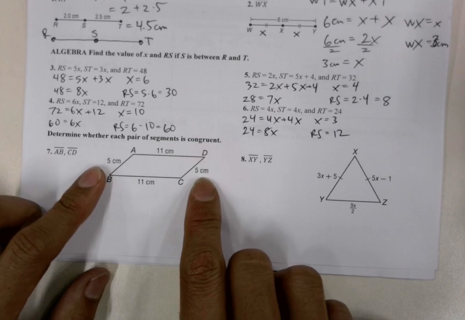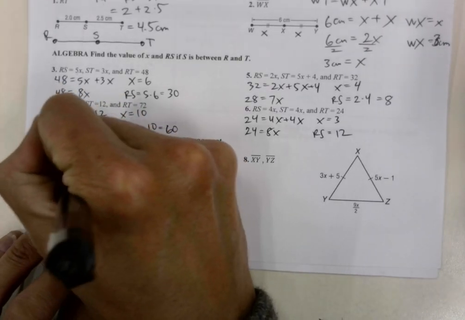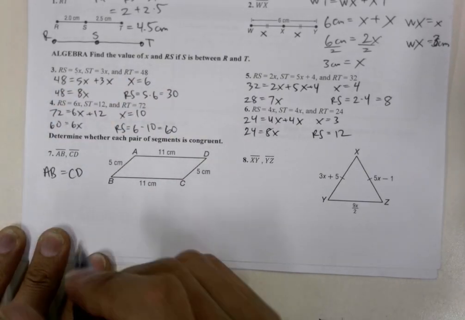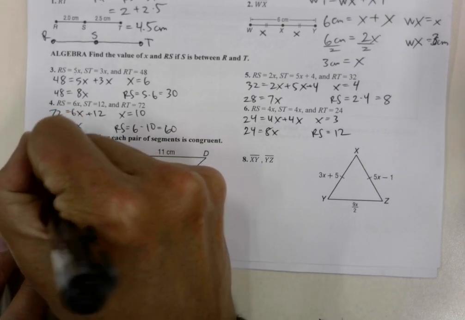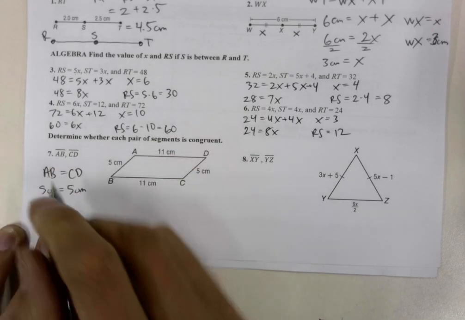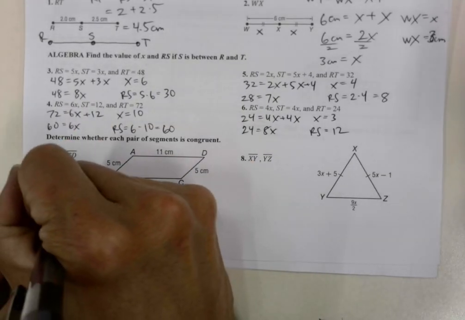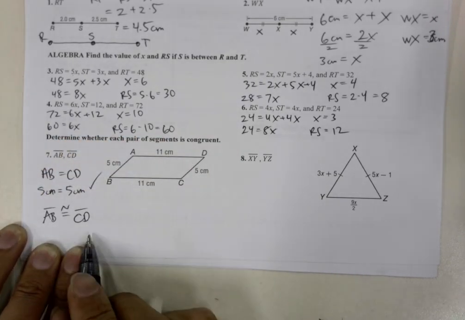Are they the same? Is AB's measure equal to CD's? If that's true, they're congruent. So I'll go ahead and substitute in their measures. It's 5 centimeters is equal to 5 centimeters, and yes, that's true. Give a check mark there. So I can say line segment AB is congruent with line segment CD.